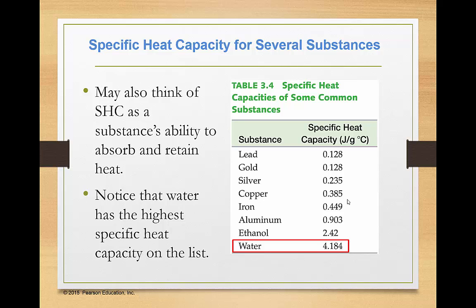Copper is very expensive, a little too expensive to make a whole pot out of, but you'll see it just on the bottom of the pot. The reason for that is, with a low specific heat capacity, it can very quickly heat up and then start transferring heat energy into the substances that are in the pot, such as food, and it does it in a very even manner. Iron, a lot of cast iron skillets out there.